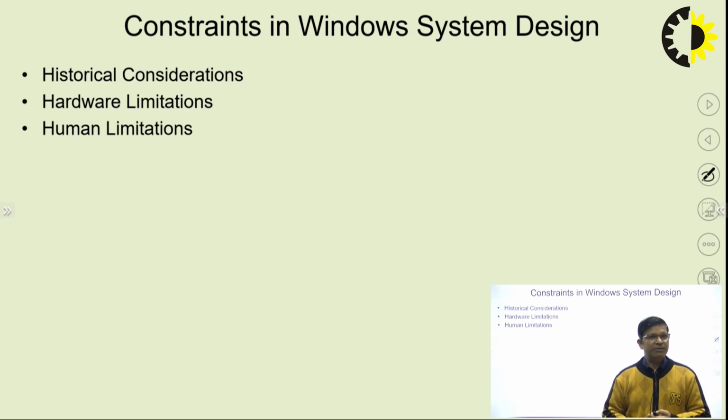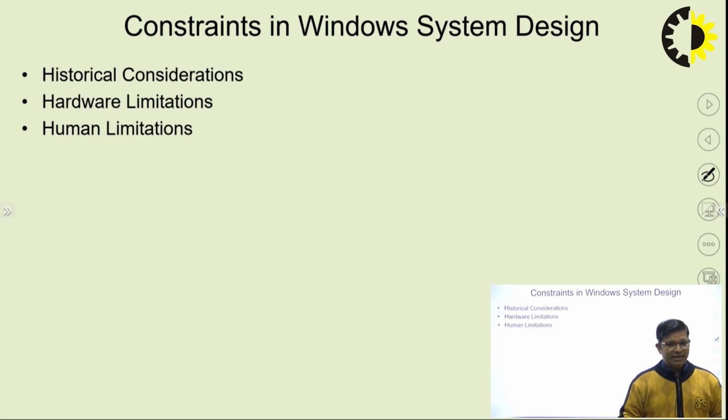Constraints in window system design. What are the constraints? Historical constraints, hardware limitation, and human limitation. Historical consideration: for example, if we are designing a new website, the older website contains some older information and the new website contains new information. What do we want to show? The older information also, or the new information only?